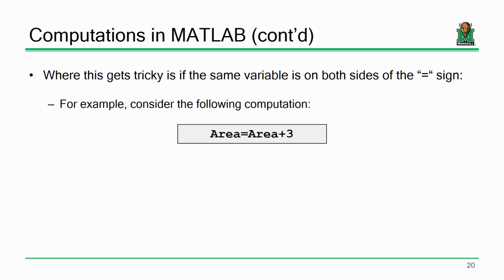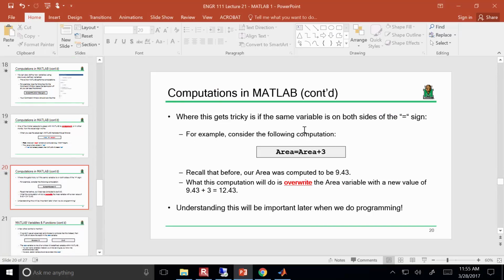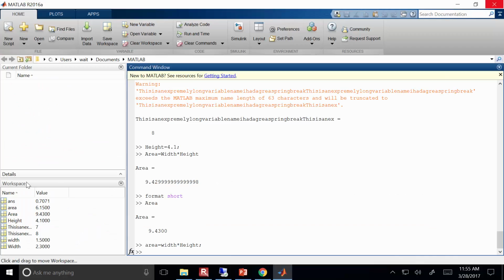The way that MATLAB would interpret this statement is it's going to do what's on the right side of the equation first. It's going to take whatever it already knew is the area. It's going to add 3 to that, and then the result it's going to name to the newly updated variable of area. So if we go into MATLAB and look over here in the workspace, right now it says area is 9.43, right?